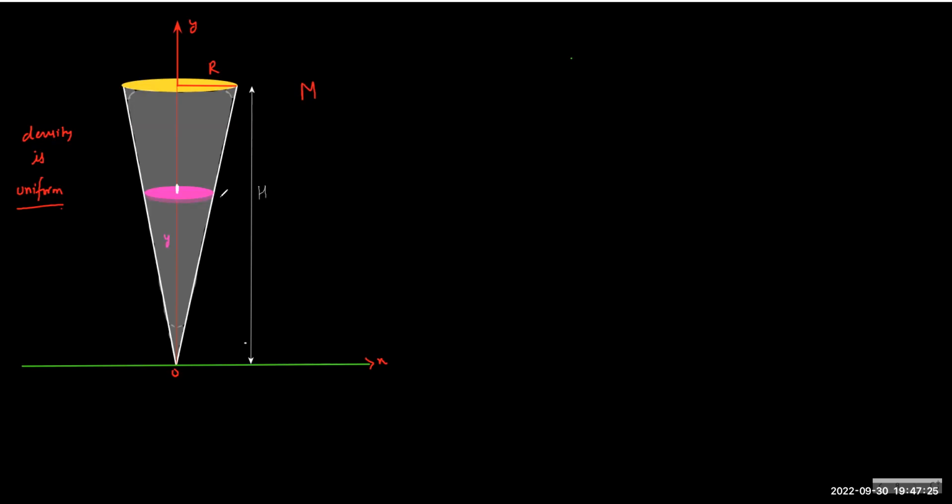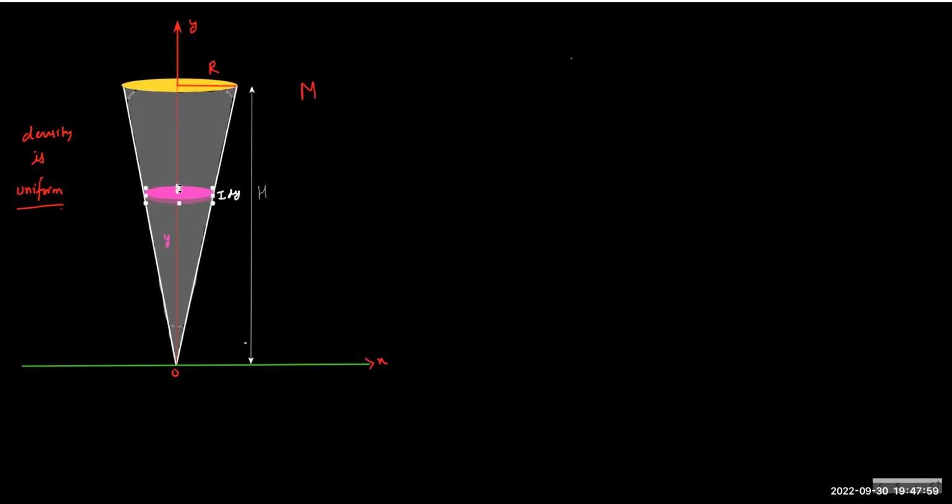So if I move y from the bottom and cut a dy thickness, can we use the formula of potential energy for this entire disk, yes or no? Can we use it? Yes, we can use it. Why?